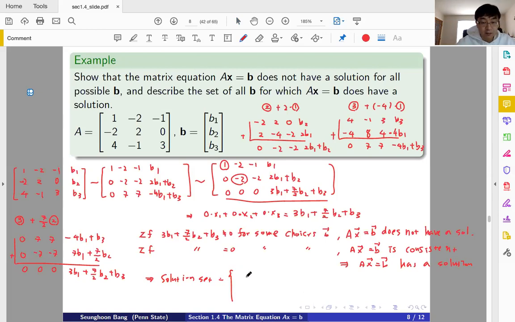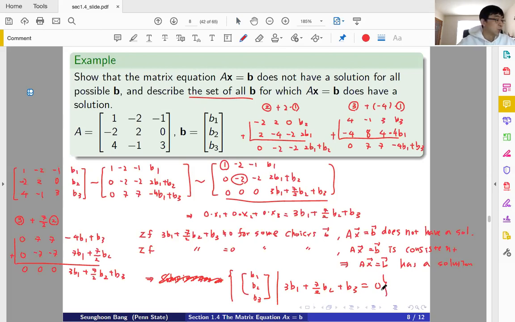This is not a solution set of X values, so it is the set of all B. The set of all B is the vectors b1, b2, b3 such that 3b1 plus 7 over 2 b2 plus b3 equals 0.